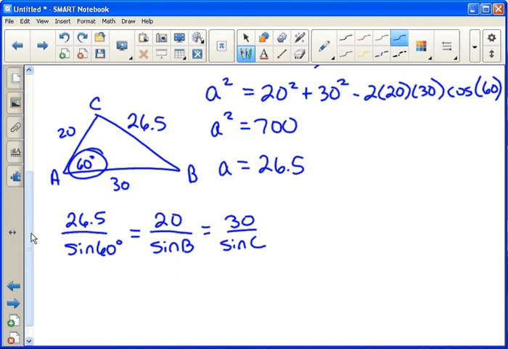I'll just go ahead and do angle B. So I get 26.5 times the sine of B equals 20 times the sine of 60 degrees. Then divide both sides by 26.5.